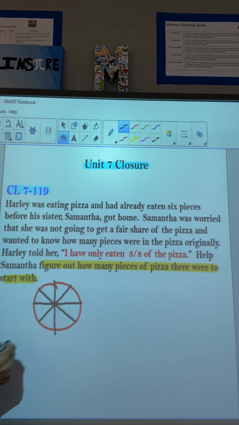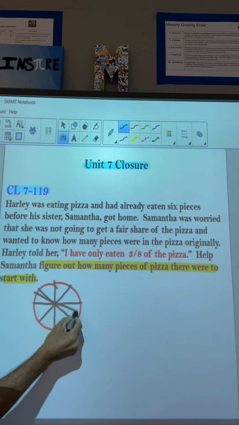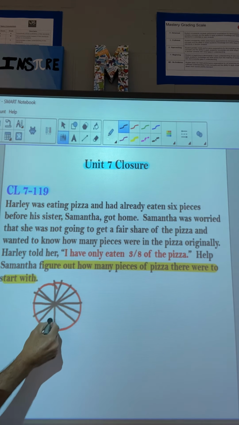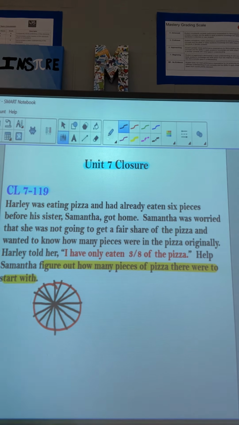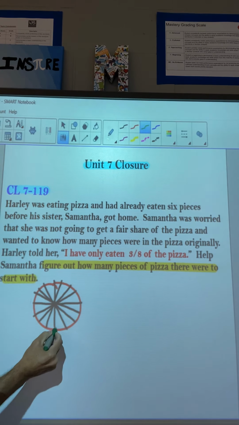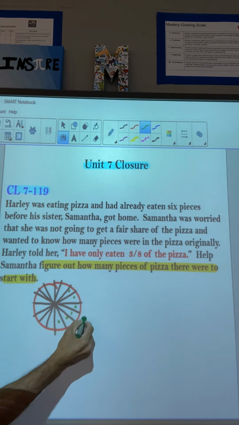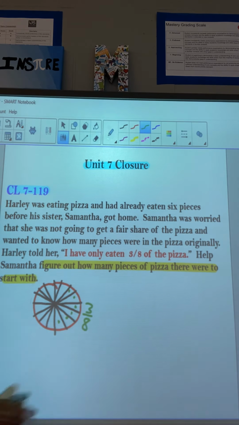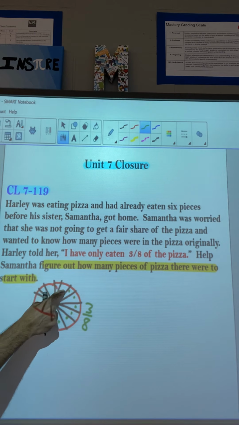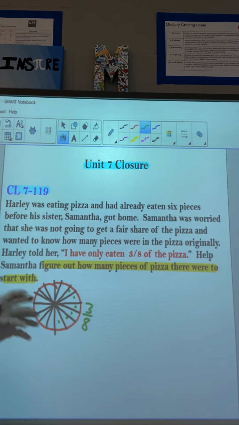I don't have enough pieces yet, so I've got to divide again. Okay, so he ate 1, 2, 3, 4, 5, 6. And those 6 are 3/8. And notice there's 2 left over on this side. So we've got to make sure this all adds up.